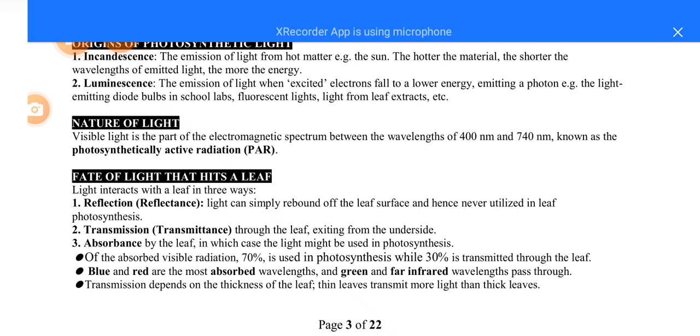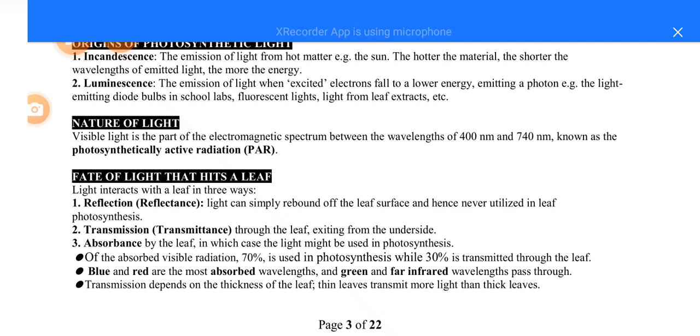So PAR means photosynthetic active radiation. That's the nature: visible light is the part of the electromagnetic spectrum between the wavelengths they have given you.